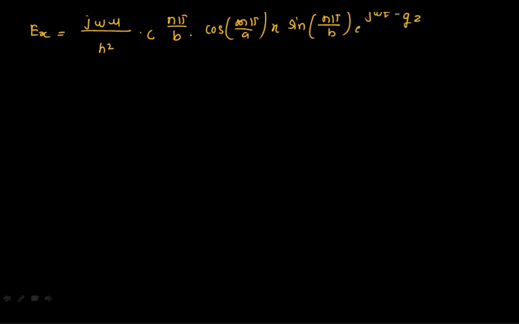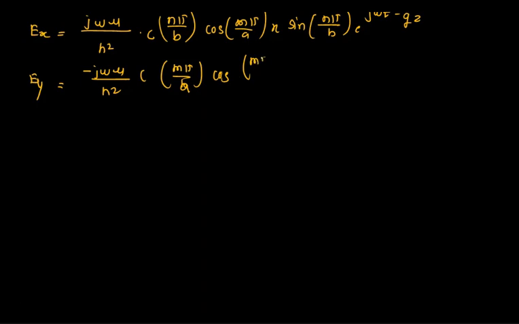The Ey component, I'm just giving you the solution, is minus j omega mu by h square C m pi by a sine of m pi by a x cos of n pi by b y e raised to j omega t minus gamma z.